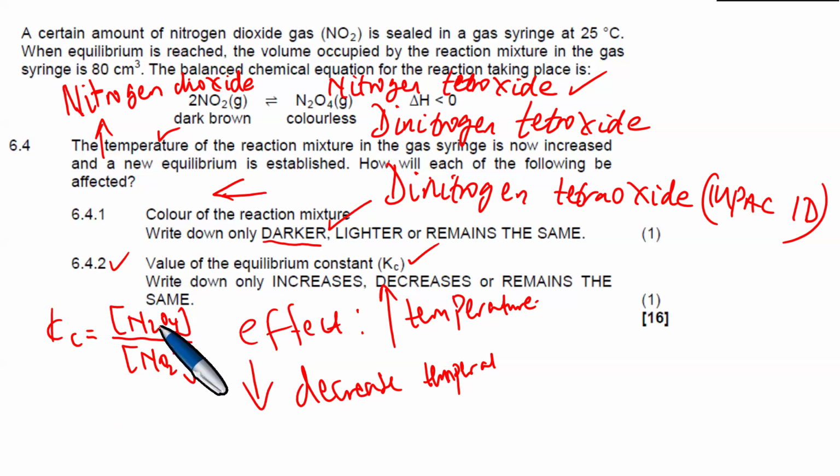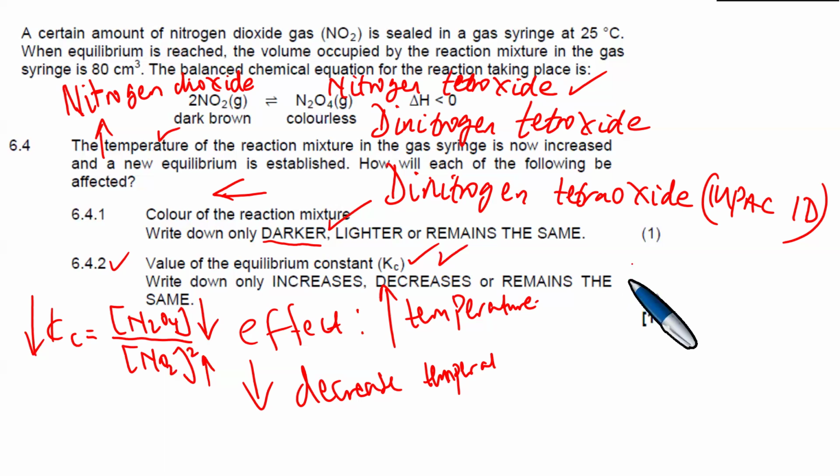If you increase the temperature, we expect that the amount of N2O4 will decrease. The number of moles of this one will decrease, and therefore the concentration of N2O4 will decrease. As much as NO2 is going to increase, because the numerator is getting smaller, by direct proportionality we're going to see a noticeable, very observable decrease.